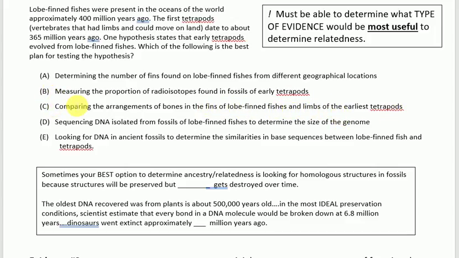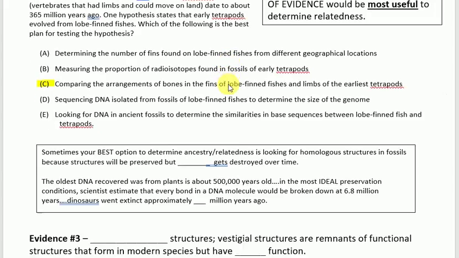That could be possible. Sequencing DNA isolated from fossils to help determine the size of the genome. Again, we're not really looking for fossils. Looking for DNA in ancient fossils to determine, again, ancient fossils. So we are going to go with C, that arrangement of bones.